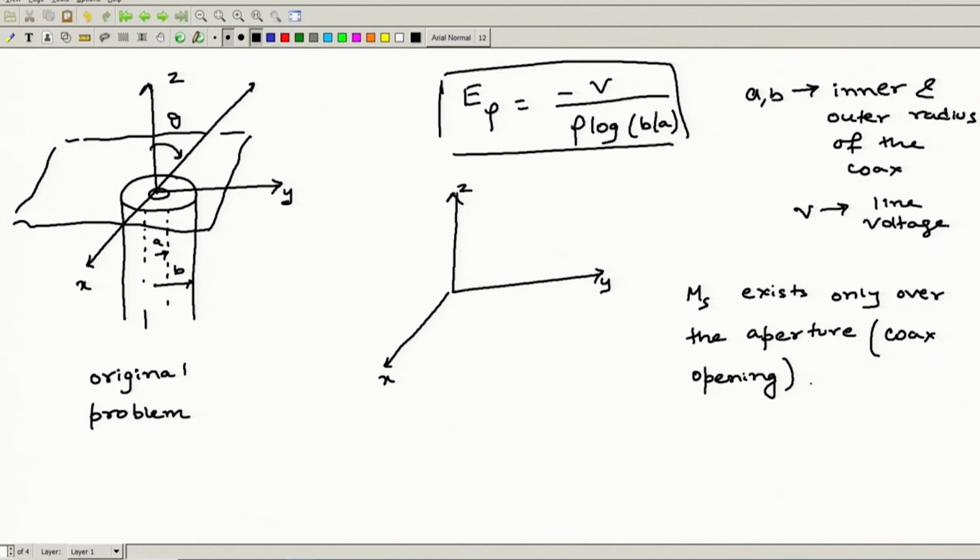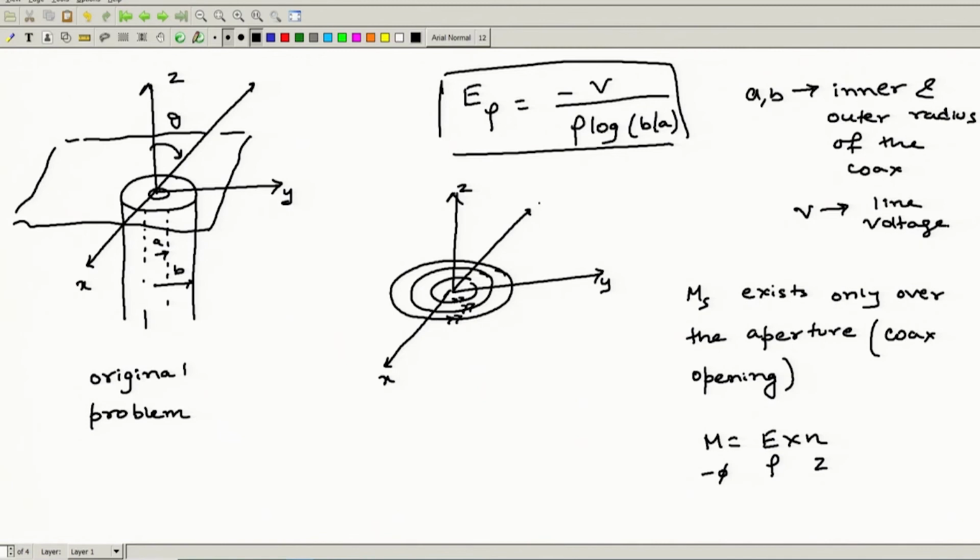So we can write like this. We know M is E cross N. So E is rho, N is Z. So rho cross Z we have minus phi. So M phi will be like this. This is now M phi.